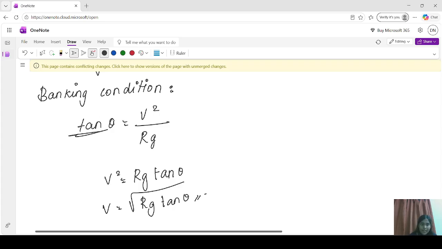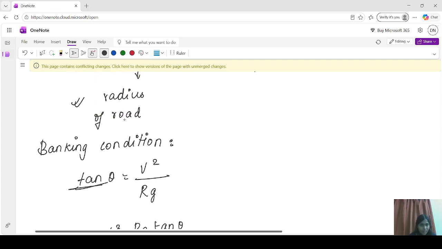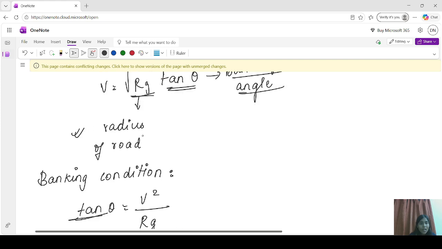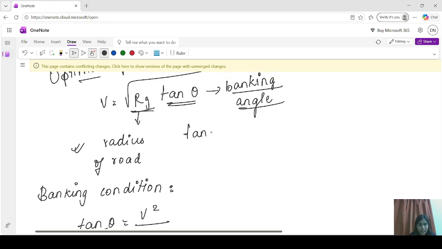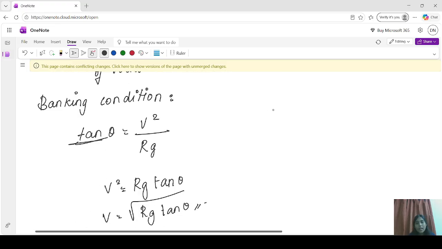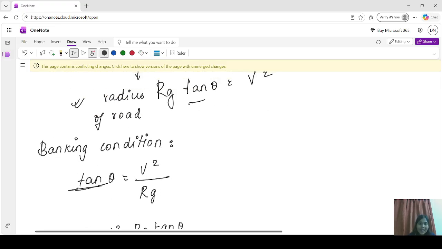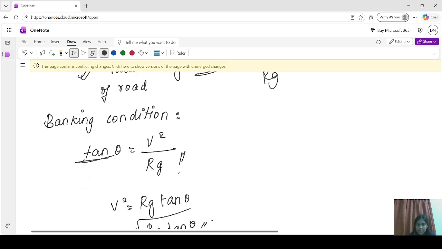Okay, and now what is the banking condition here? Tan theta is equal to v square by r g. That's what I have mentioned here.